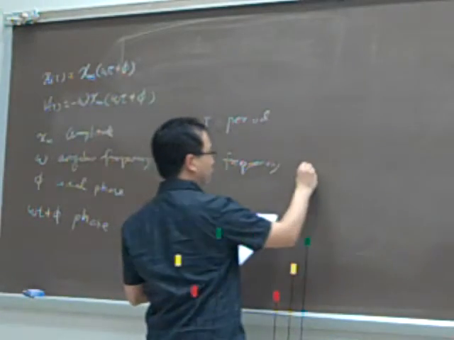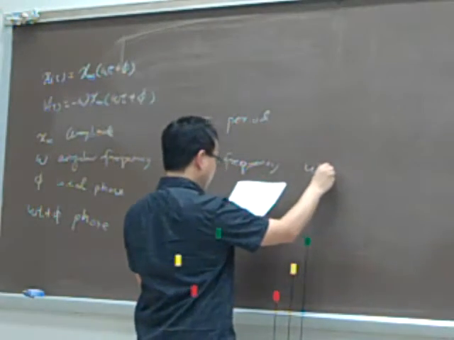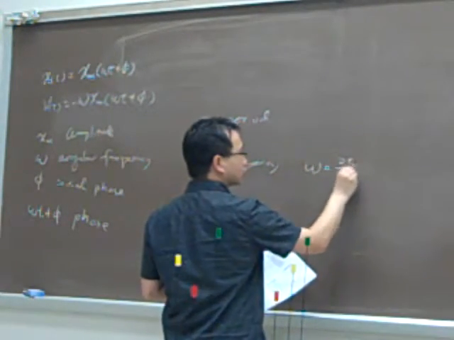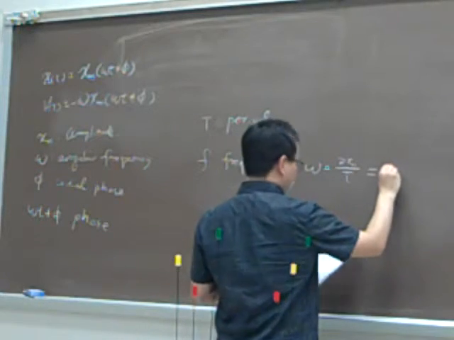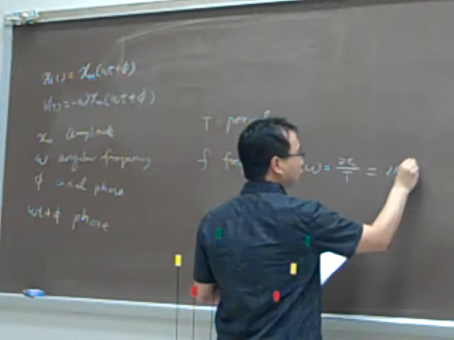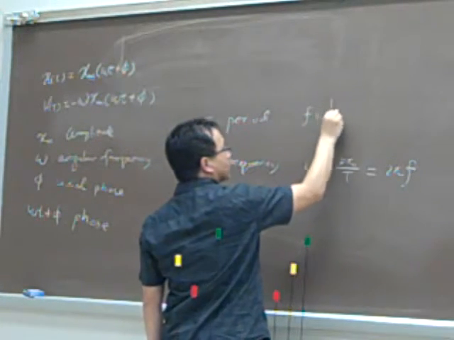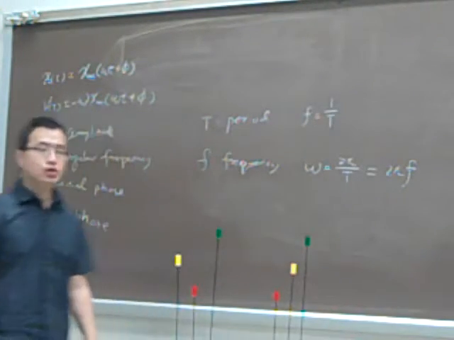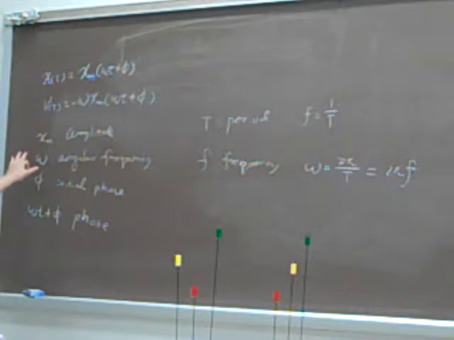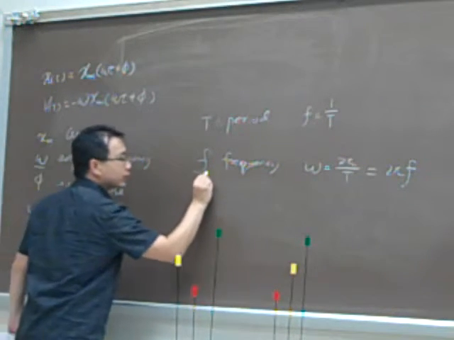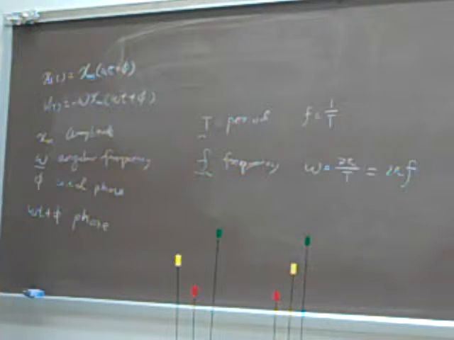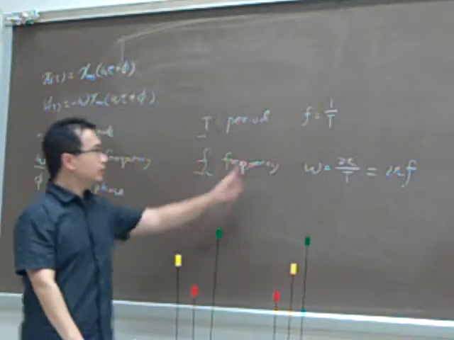In fact, omega can be written as 2 pi over T, or 2 pi multiplied by f, and f equals 1 over T. So these three quantities, angular frequency, frequency, and the period, are related to each other. You need to know this relationship.